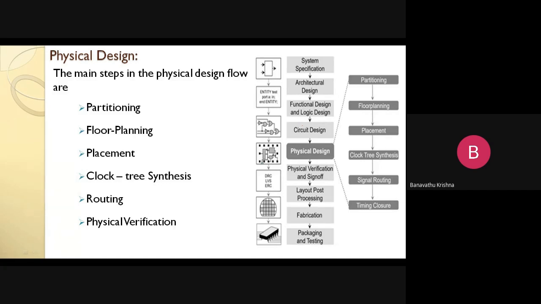Here, basically, I want to say one thing. Physical designing means simply transforming a circuit description into a layout design, the physical layout. For that, physical designing describes the position of cells and the routes for the interconnection of the modules.